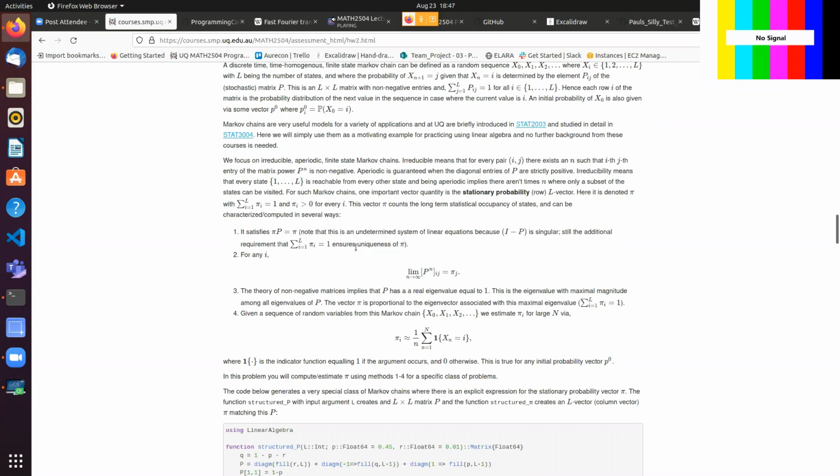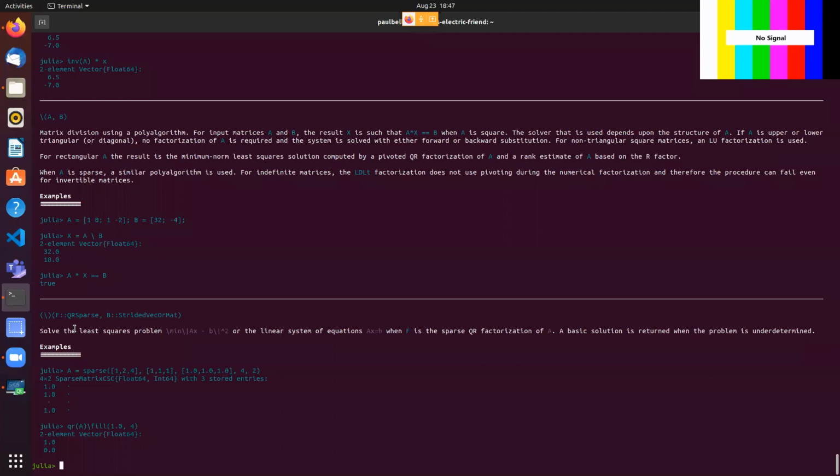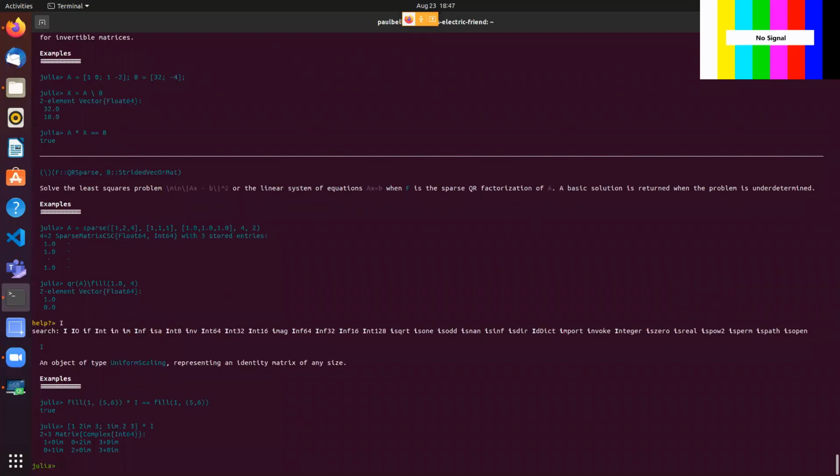So what that actually means is if you calculate this identity minus P, there's a special thing called uniform scaling. This will make an identity matrix for you. So it's the identity matrix of a particular size. So if you go, just in terms of components, if it's not obvious, or one.